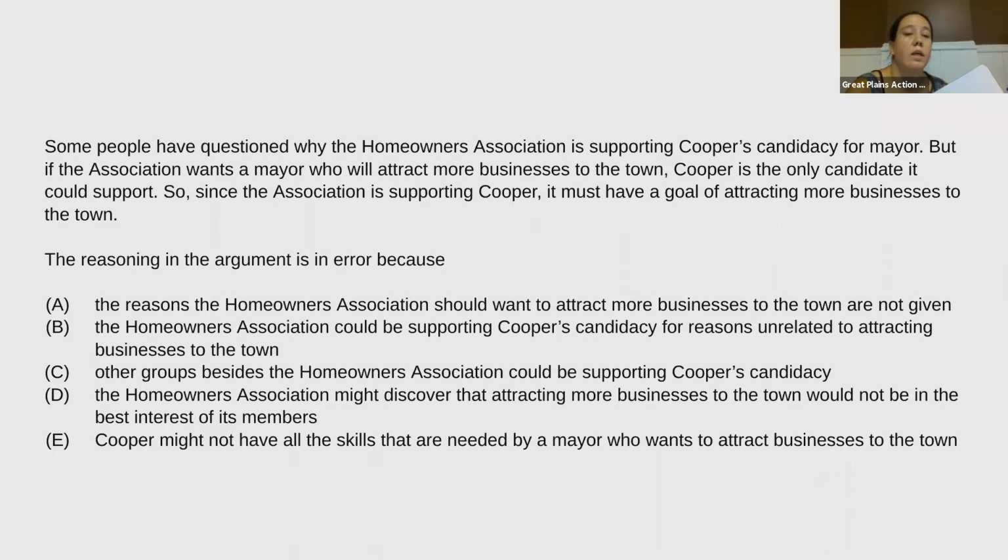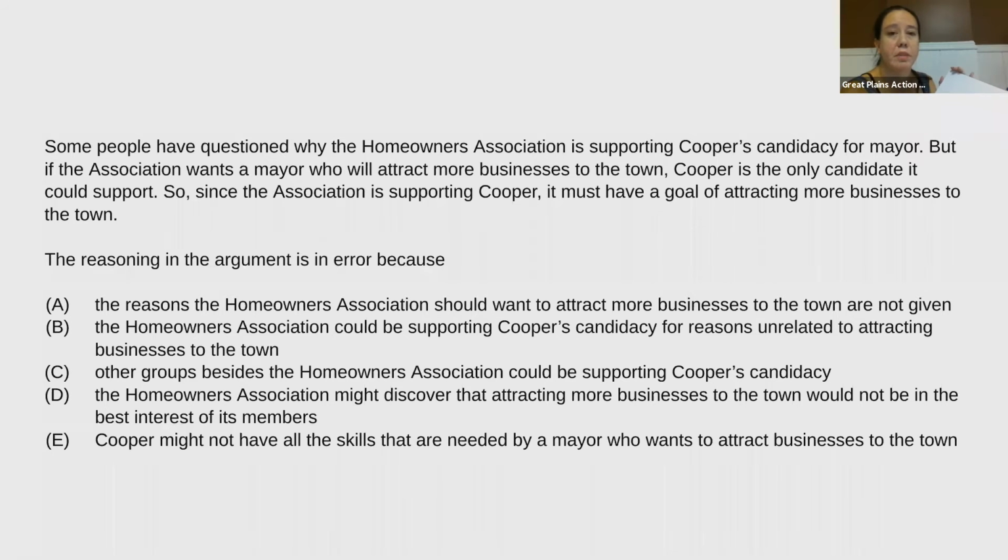All right. This argument is in error because, okay, and if we look at the sentences, we see that we can translate some of these into logical notation and look at the form and see if we can see the formal error being committed.